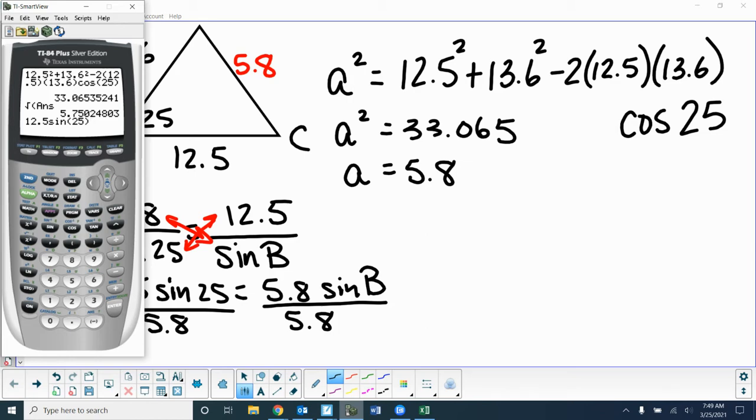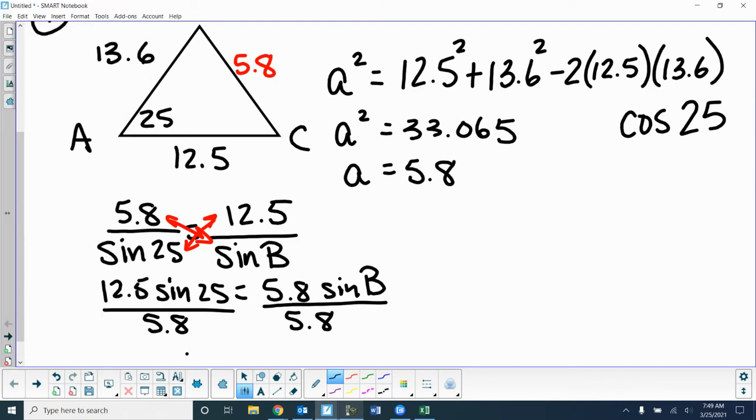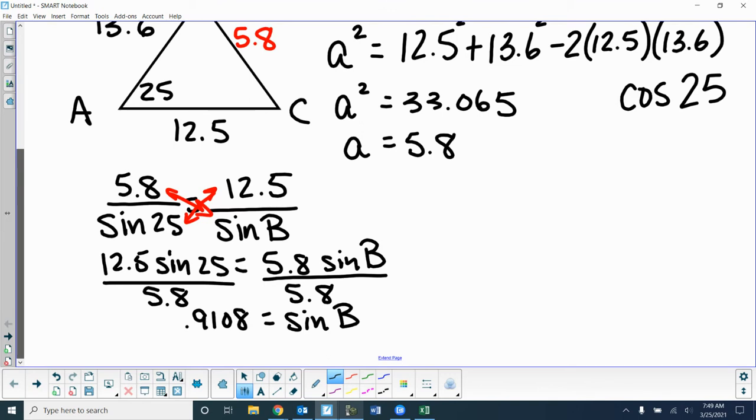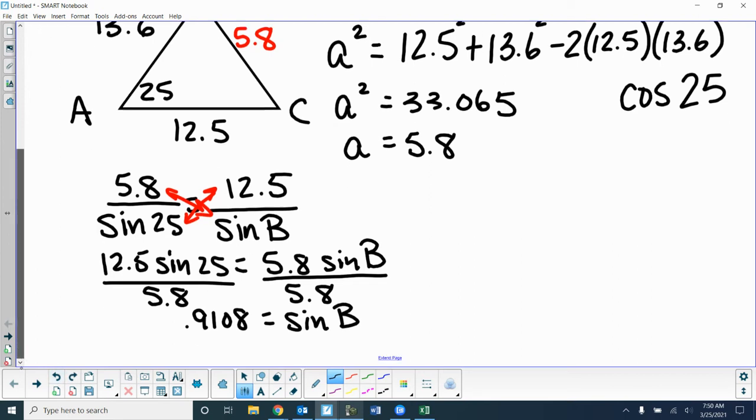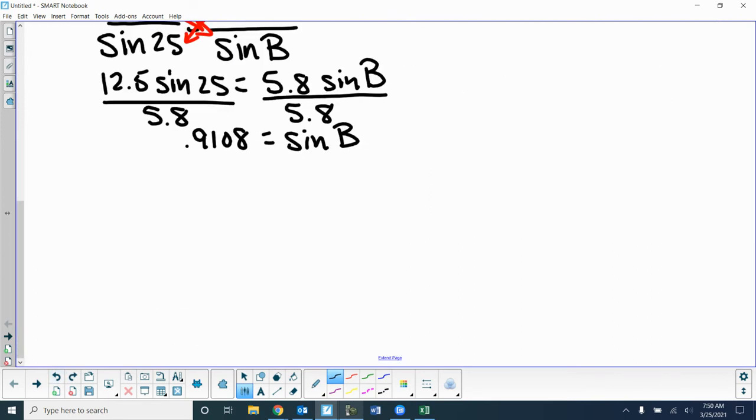Make sure you close off your parenthesis after sine. Divided by the 5.8, that gets us a decimal, 0.9108. Remember, that's the sine of angle B. So to find angle B, we have to do inverse sine of that.